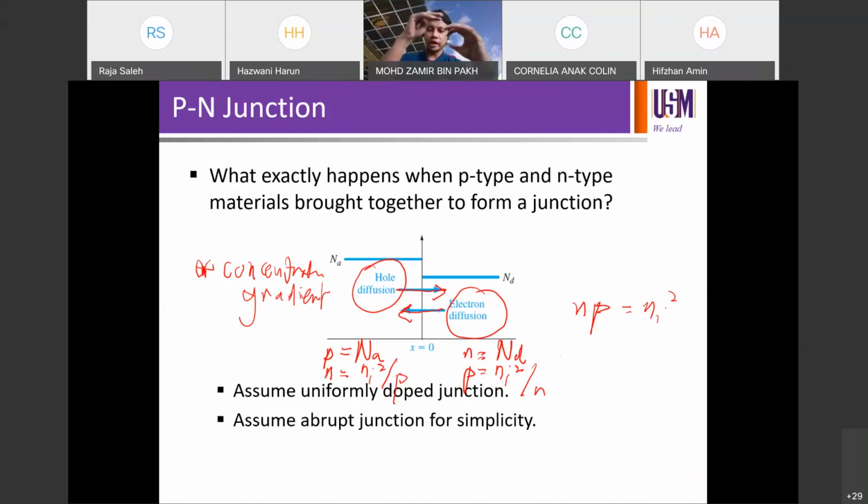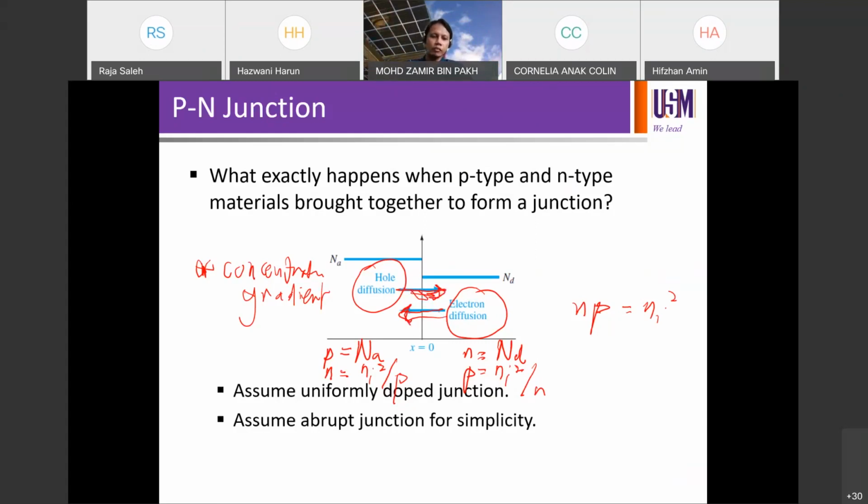As a result, we have holes diffusing from p-type into n-type, majority carriers going there in order to establish thermal equilibrium, and at the same time, majority carriers in n-type, electrons, diffusing into p-type, because they also see a concentration gradient, right? So you're going to have hole diffusion into n-type and electron diffusion into p-type.